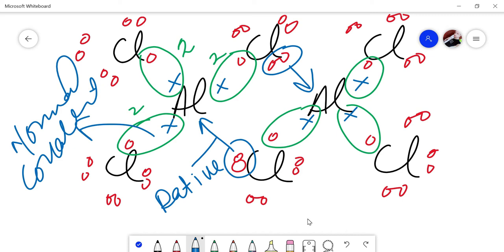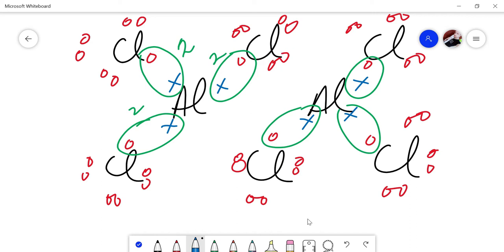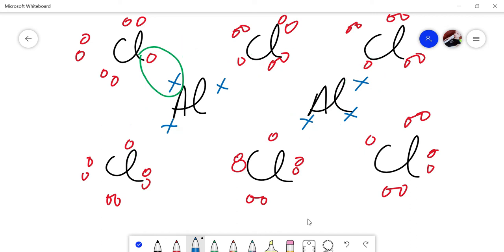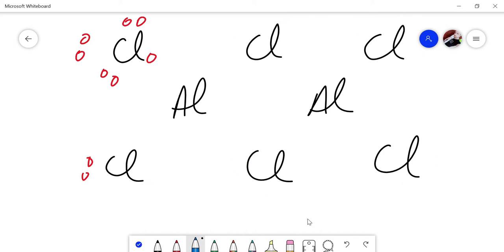This is the dot and cross diagram. If I want to show it just with lines, how will I draw this? Let me remove all the electrons and leave only the lines.